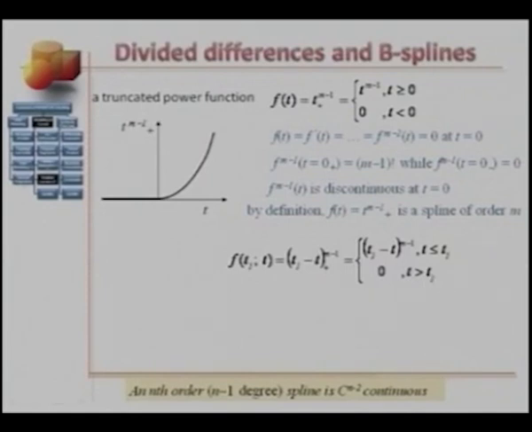In other words, if this number is positive, we get a pure polynomial of degree m minus 1, and if this number is negative, we get 0. How would the plot of this function look? Like so. We have a junction point t_j right here. For values of t greater than t_j, the function is 0. For values of t smaller than t_j, this function is a pure polynomial.